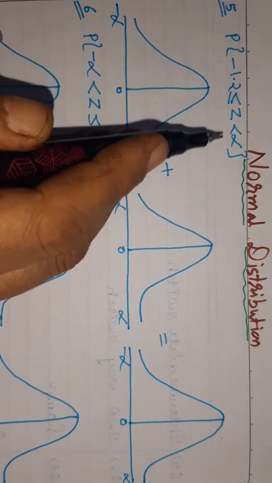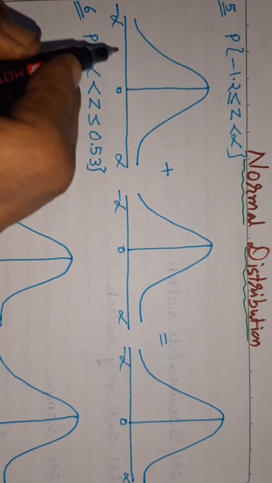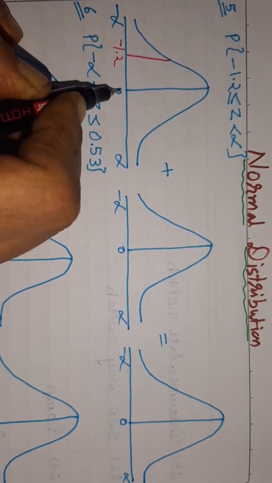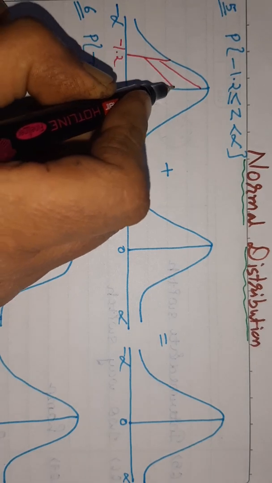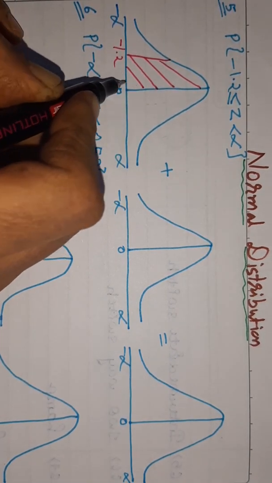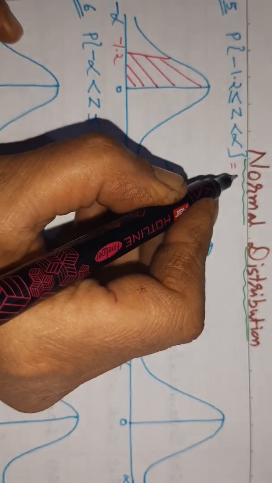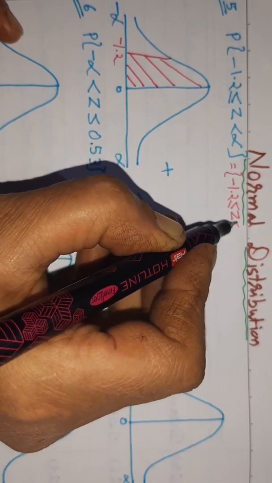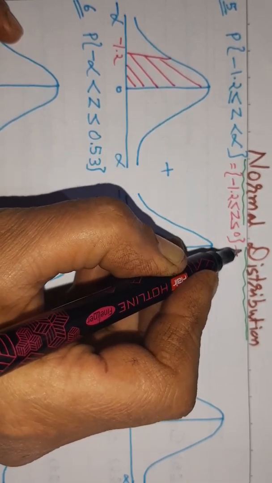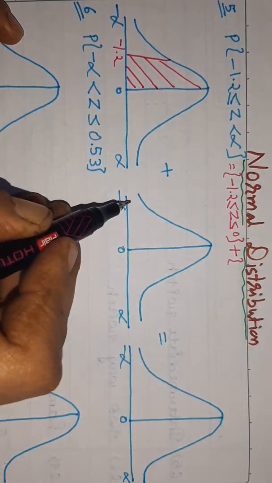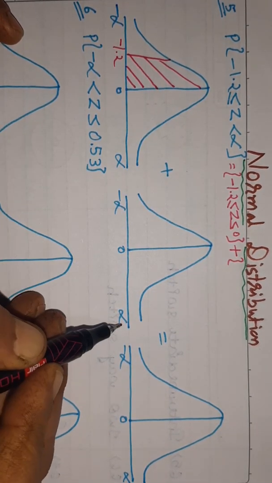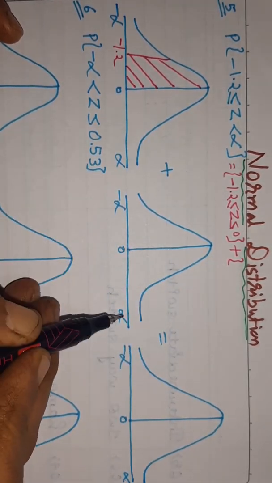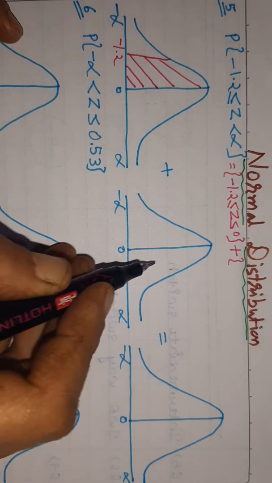Now the first area is from minus 1.2 to 0, that is this area. And here we also show it as minus 1.2 less than or equal to Z less than or equal to 0, plus next, which will be from 0 to infinity. This area from 0 to infinity is positive, so up till this.